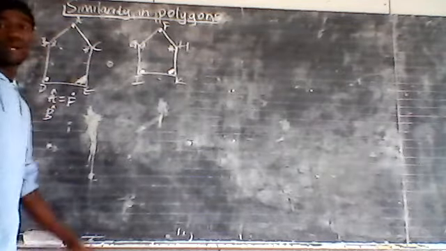They are similar if they are having corresponding angles equal. So this angle corresponds to this one, and so on. This angle corresponds to this one. So if you are having 2 polygons having corresponding angles that are equal, it could be in numbers. If it's 30, it will be 30 there. So that is the concept of similarity in polygons, guys.